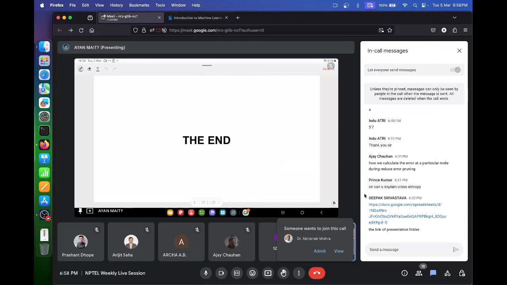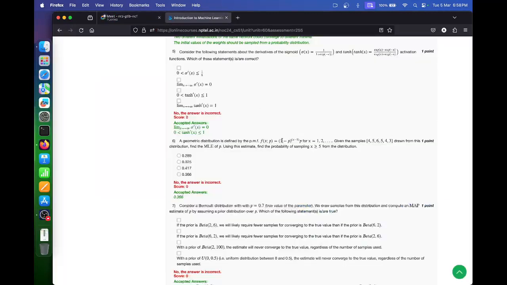You put those values in the likelihood function, which is given here, and you multiply this whole thing, and then you can take the log likelihood, so that the overall expression becomes simpler, and then you have to take the derivative of that with respect to p in order to find out the value of p, and then you will be able to find out the maximum likelihood estimate of p. It is given in the solution set also.